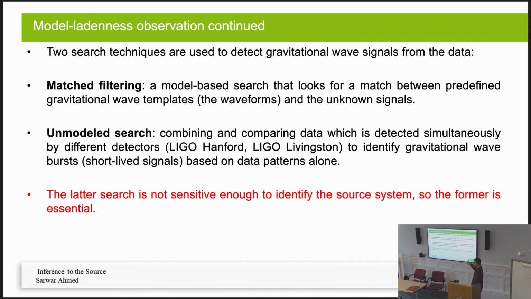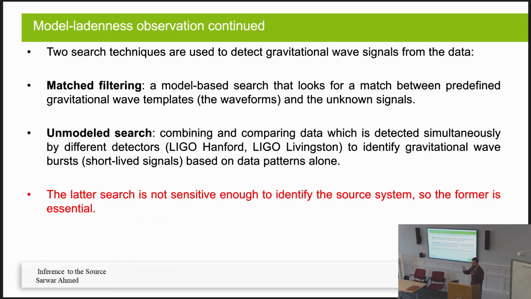The detection process doesn't concern me very much, but I will just mention that two techniques are used to detect gravitational wave signals. One is matched filtering. It's a model-based search. Basically, it's looking for a match between defined gravitational wave templates, the waveforms, and the unknown signal which is detected. We have the unmodeled search.